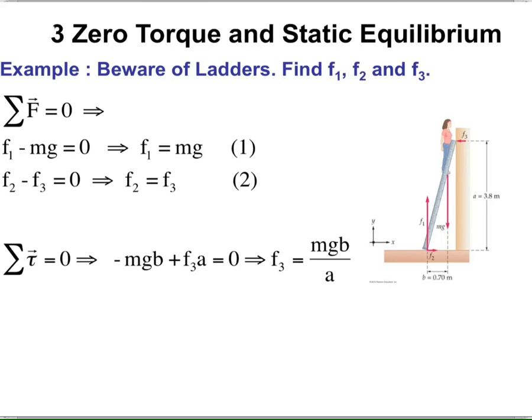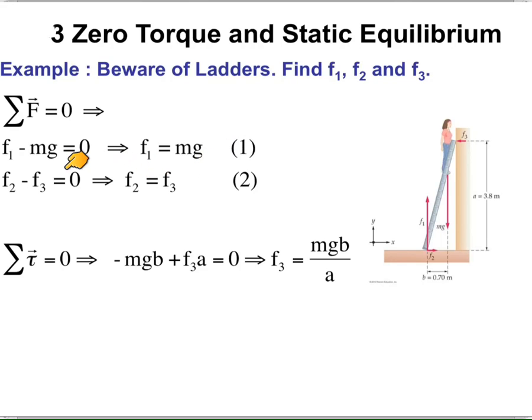So the first condition gives you F1 minus mg equal to 0, because F1 and mg are the forces in the vertical direction and they are in opposite directions, and we keep the upward direction as positive. That's why we take F1 plus and mg minus. So right away, you have F1 is equal to mg. You just found from the first condition what the F1 force must be equal to.